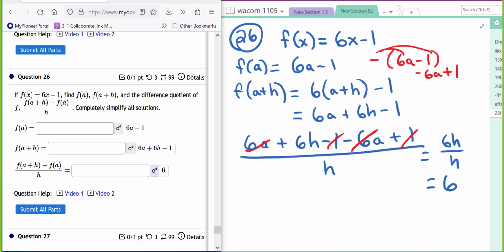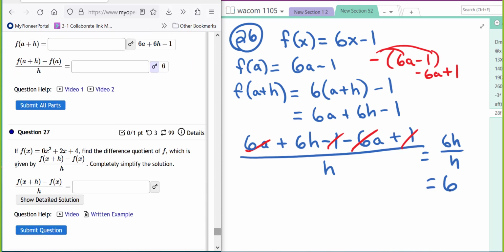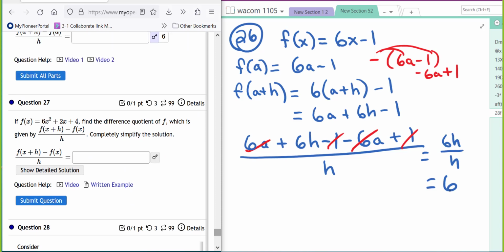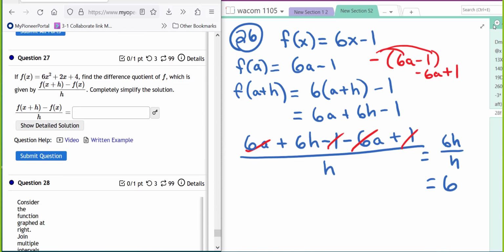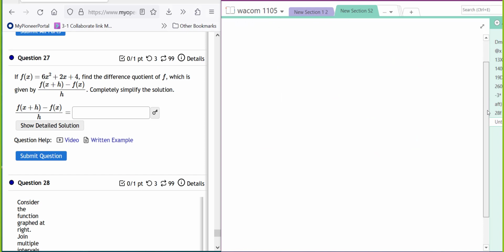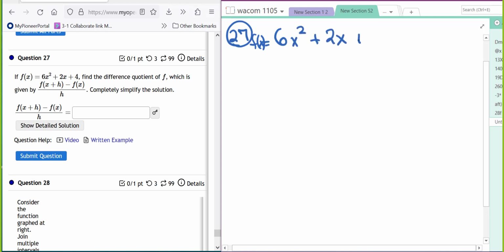Right, let's look at 27. This one you have to be more careful. So our function is f of x equals 6x squared plus 2x plus 4.